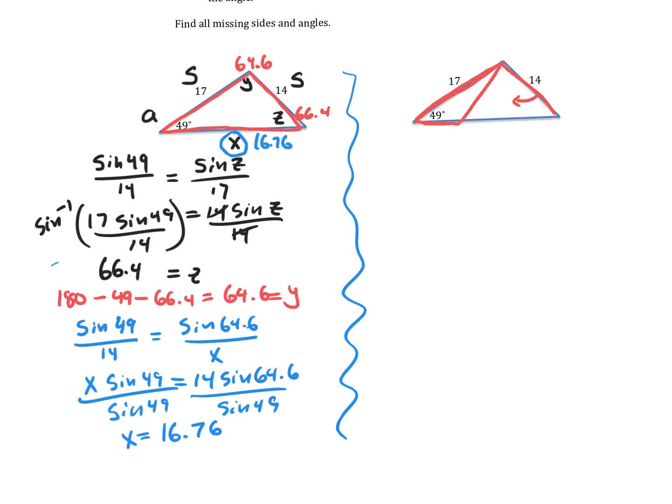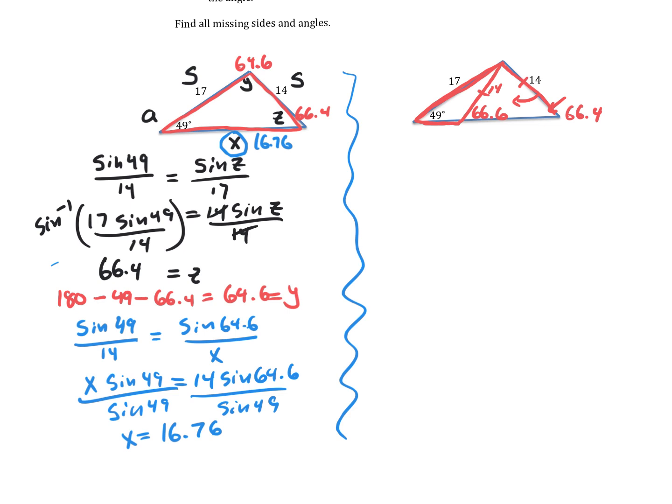Now, if I move that side, it's still 14, so I have an isosceles triangle. So if I know the measure of this angle, which we do from the previous problem is 66.4, then this angle also has to be 66.4 because in an isosceles triangle, the base angles are equal.